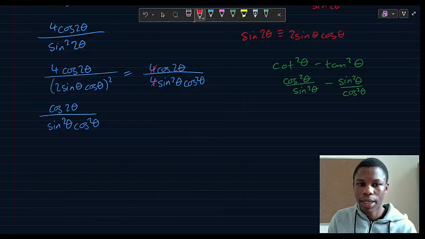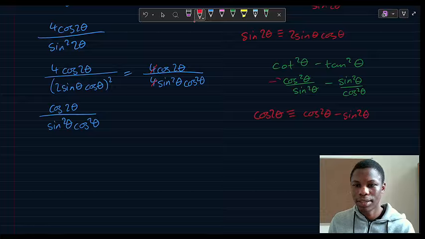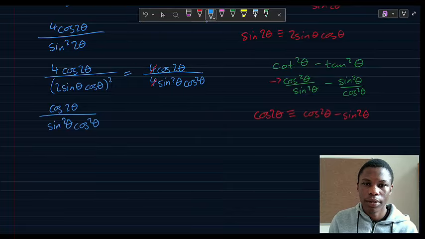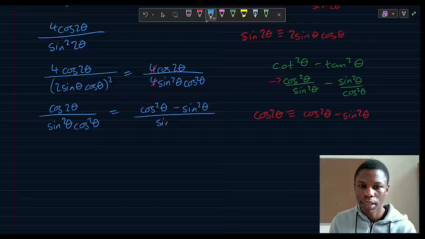So with that in mind, I'm thinking maybe we want to expand cos 2 theta, and let's use the one that says cos squared theta minus sine squared theta, right? Because it looks similar to cos squared theta minus sine squared theta there. And if we do that, we now have cos squared theta minus sine squared theta over sine squared theta cos squared theta.